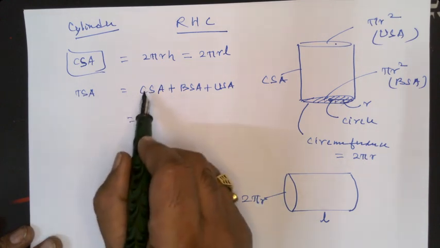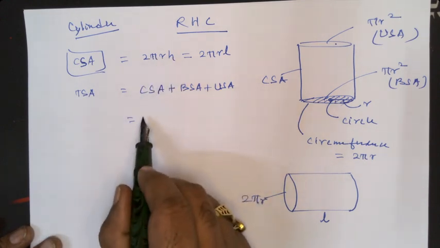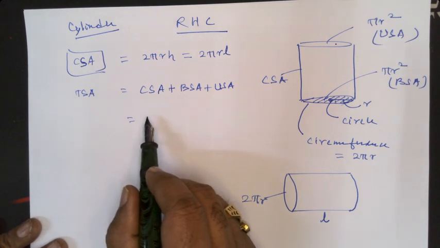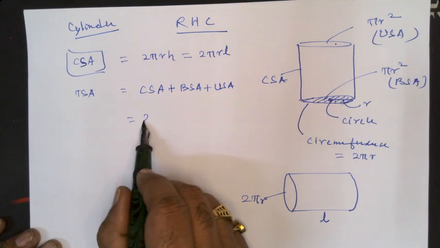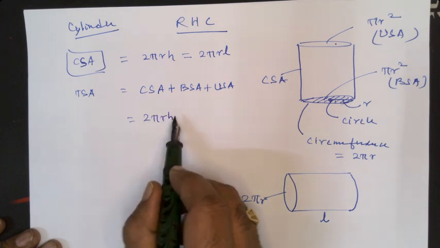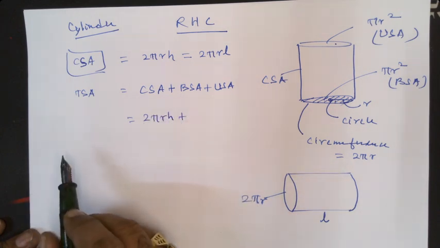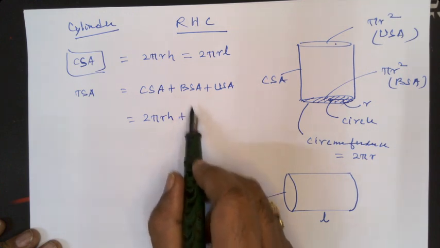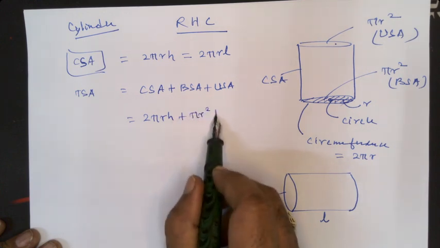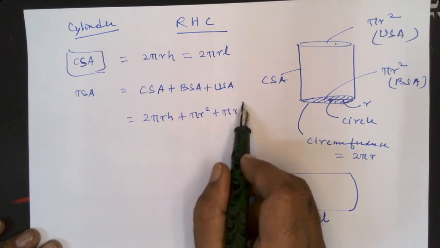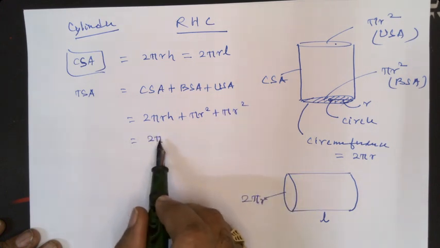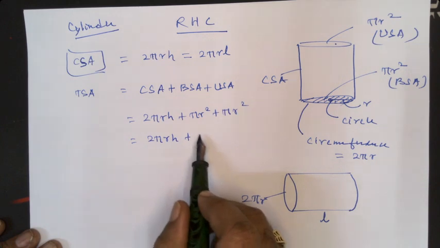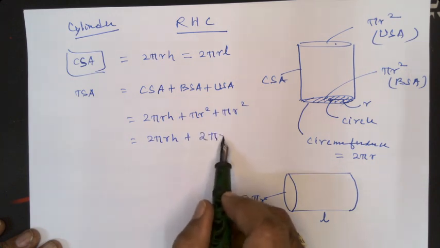Therefore, what is this CSA, curved surface area or lateral surface area of the cylinder? That is 2 pi r h, plus you have got pi r squared and another pi r squared. So totally 2 pi r squared. So 2 pi r h plus 2 pi r squared.